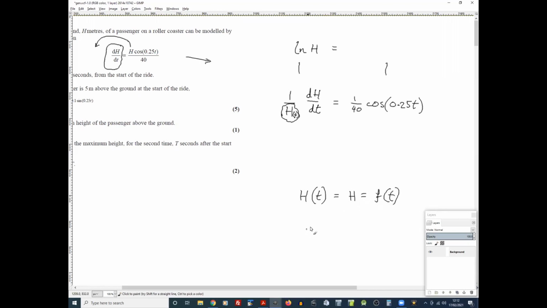Sometimes instead of writing y equals, this is the usual thing, isn't it? y equals function of x. Sometimes we just call it y of x as a shorthand. That's the liberty I was taking there. I was just saying h, which by the way is a function of t, hence the chain rule.